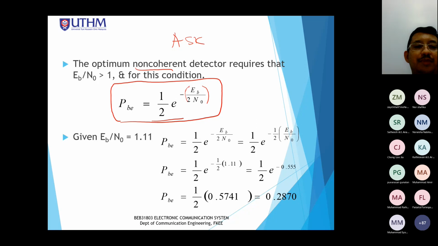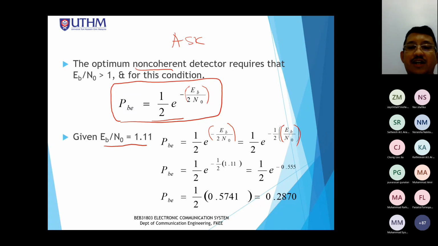For example, given EB over N0 1.11, using non-coherent detection, find the probability of bit error. You can write 1 over 2 exponent minus EB over 2N0. If you rearrange the equation, we can put the 1 over 2 outside.